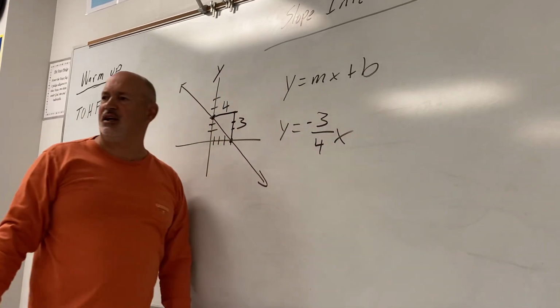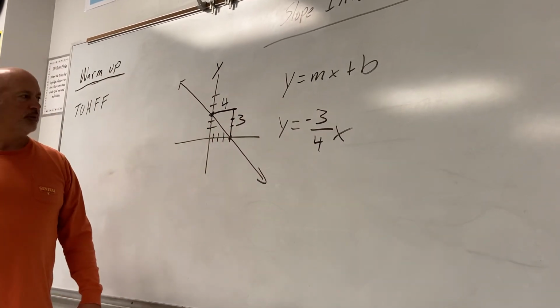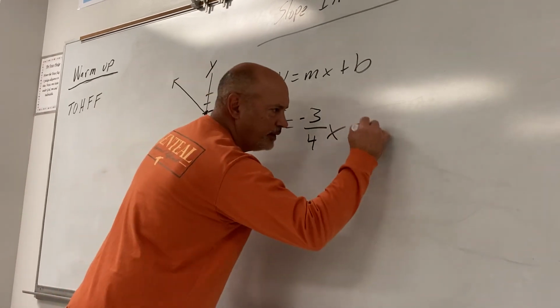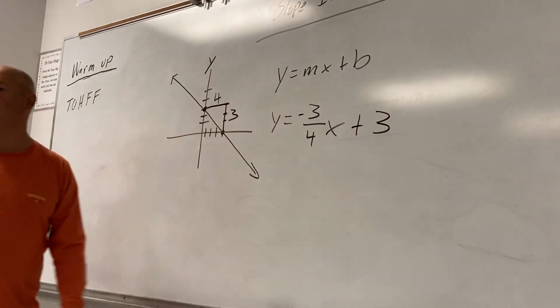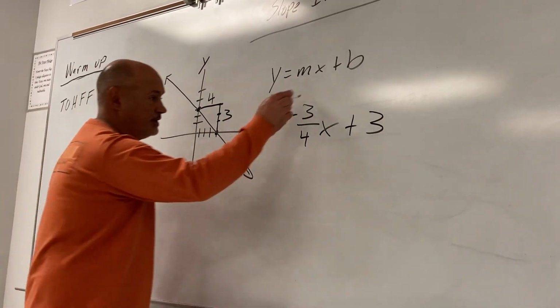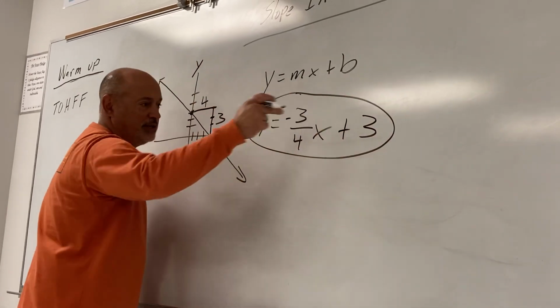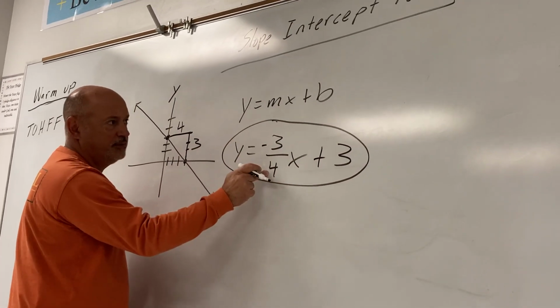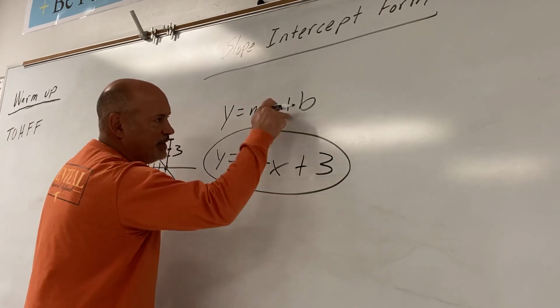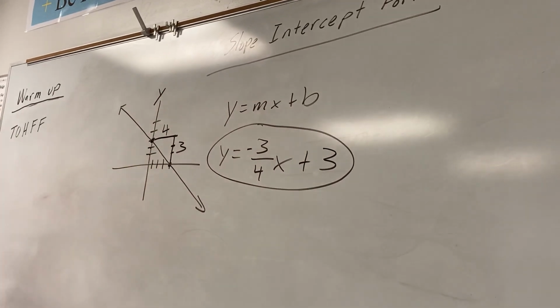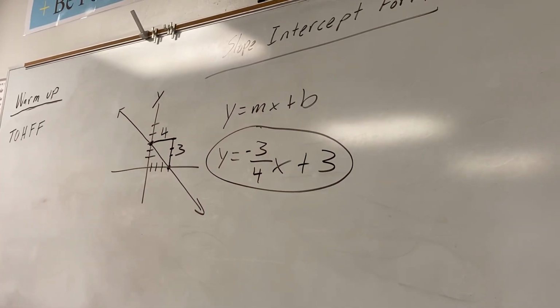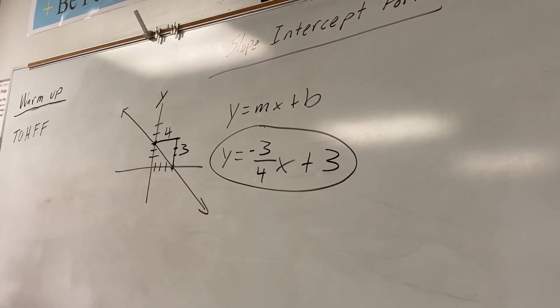Is it positive or negative 3? Positive, so we're going to put +3 right there, and we are done with this equation. The correct slope is negative 3/4. The correct y-intercept is positive 3. So the equation would be y equals negative 3/4 x plus 3. Questions?